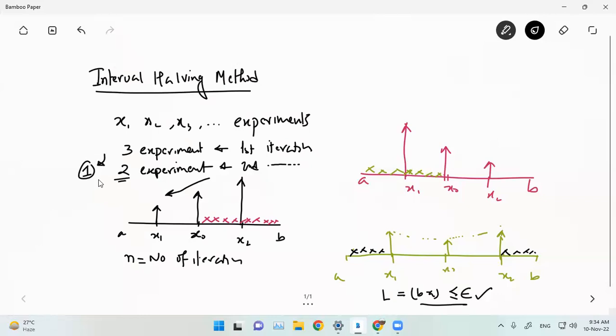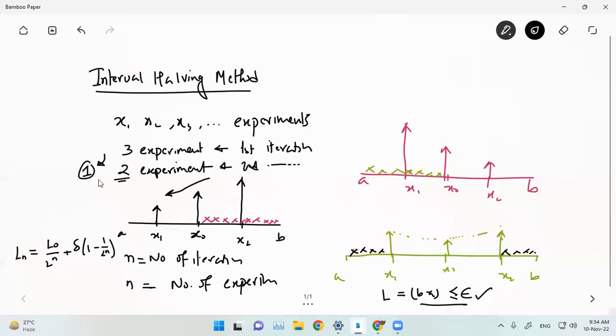But in this book, they assume that n is the number of experiments. The previous formula that we derived, Ln equals L0 by 2 to the power n plus delta times 1 minus 1 by 2 to the power n.